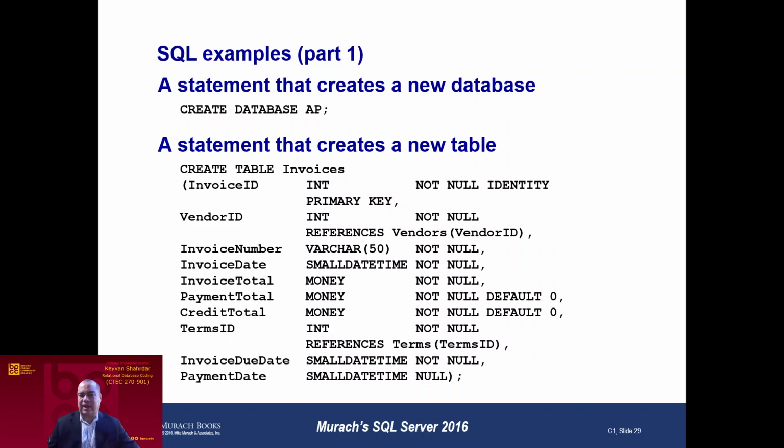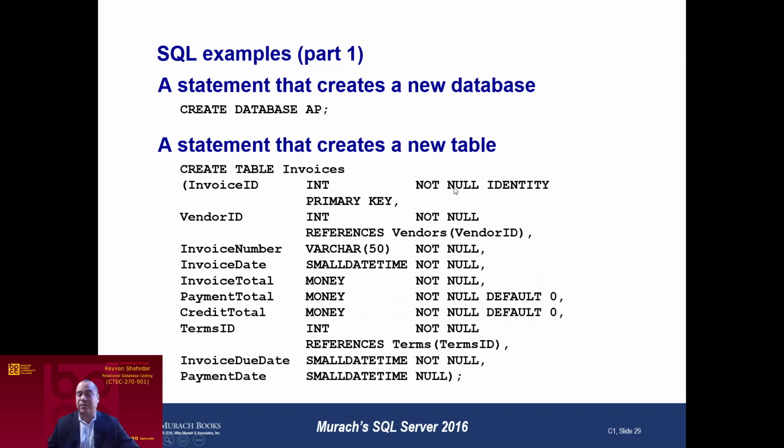So you see a create database AP, so that would actually create a database. You have a create table, and it will create a table named invoices, and then it will create the invoice ID. So here's the invoice ID, and then you have the vendor ID. And as you can see, the invoice ID is a primary key and not null.